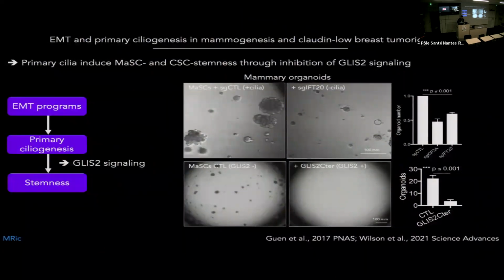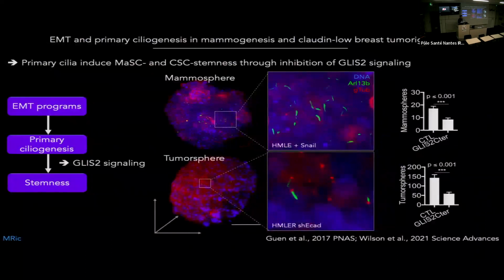And we also showed that ectopic activation of GLIS2 signaling in normal and transformed cells results in inhibition of their sphere forming capacity, which is another way to gauge stemness of normal and transformed cells. And we note here that the cells from these spheres that are non-differentiated cells are highly ciliated cells, as you can see here, stained in green, again, through an image through light sheet microscopy.